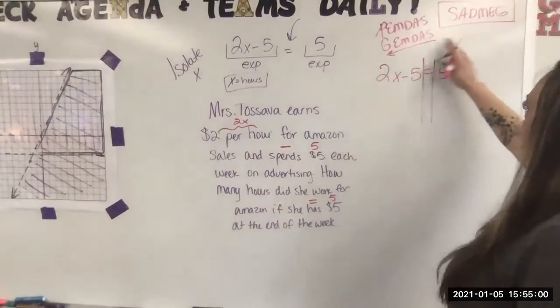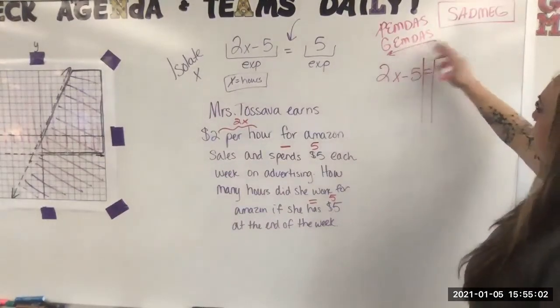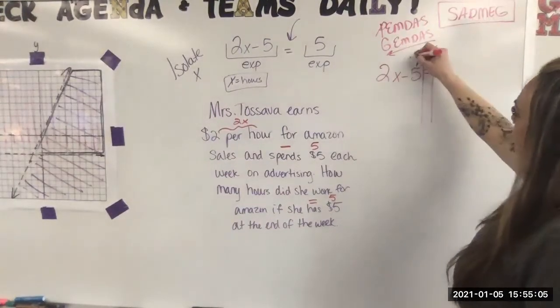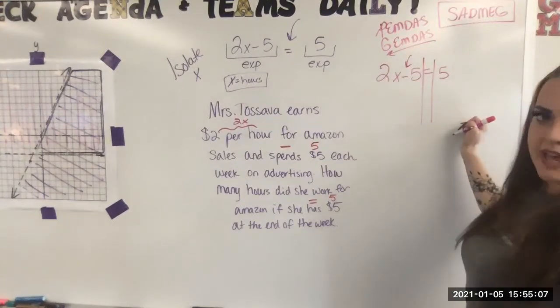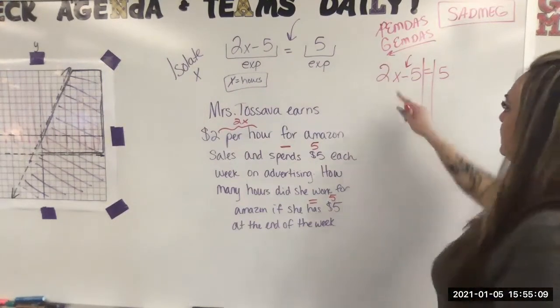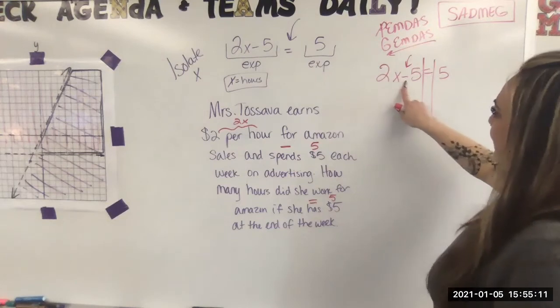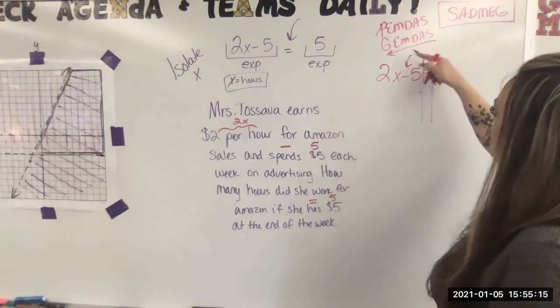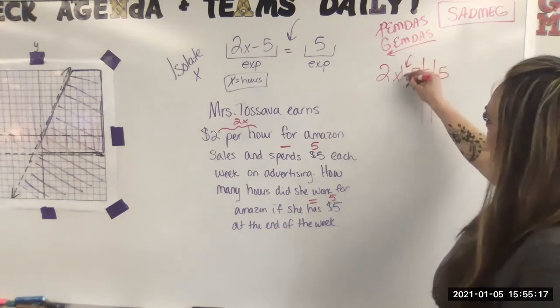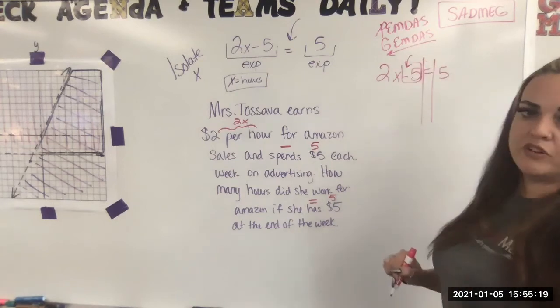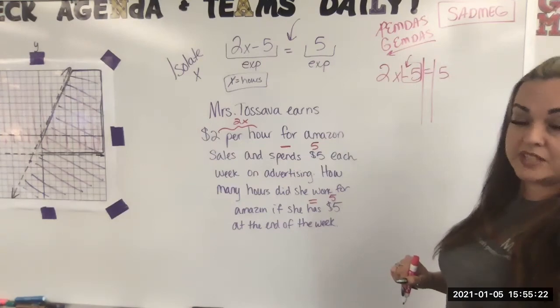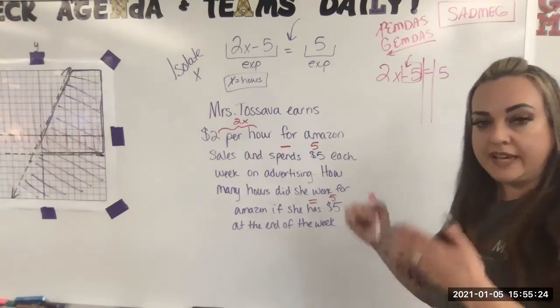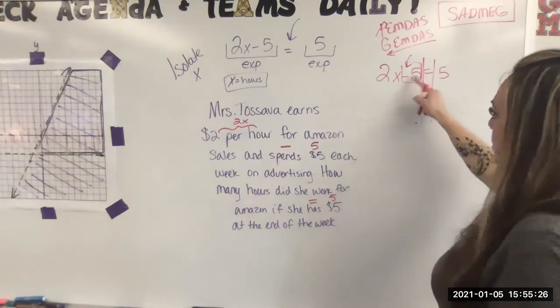So instead of doing grouping and exponents and all that first, we're going to do subtraction and addition. So we're undoing what's being done to the x. What's being done to x is it's being multiplied by 2, and then 5 is being subtracted after, okay? We're going to get rid of this. Remember, this is the term -5. It's minus 5, but it takes on that subtraction as a negative.